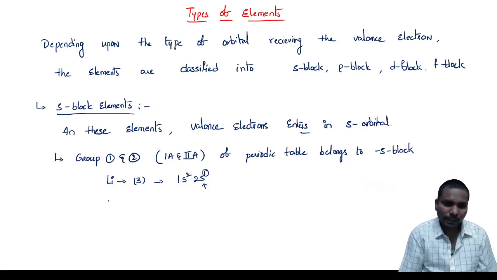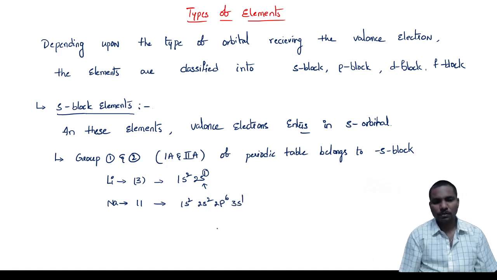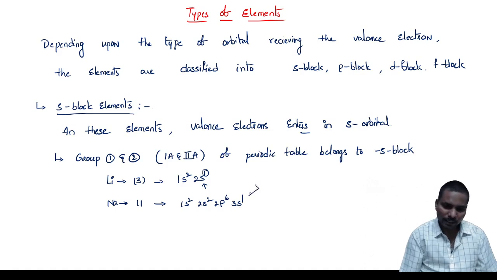For example, let us take sodium, atomic number 11. So 1s2, 2s2, 2p6, 3s1. Correct? 2, 2, 4, 4 plus 6, 10, 11. Yes, correct. So here also the valence electron is the electron present in the outermost orbit.